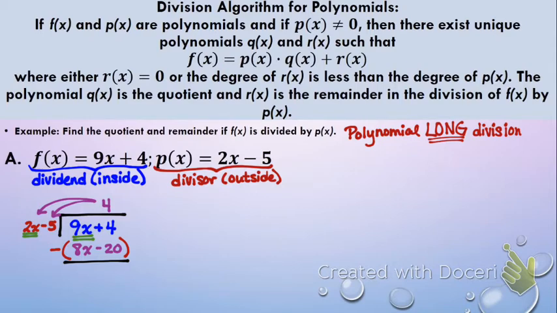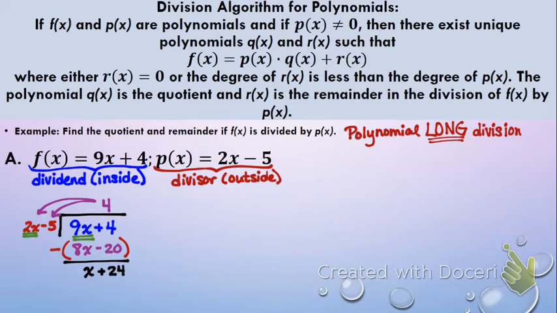Oh. Just a positive x, because I have 9 minus 8. If it was the other way around, you're right, it would be negative. And then I have 4 minus 20? Plus 20, because both signs change. So when I combine those together, I get what? 24.